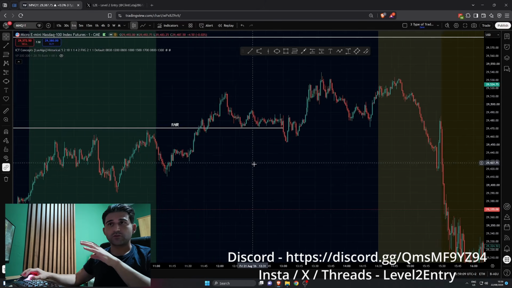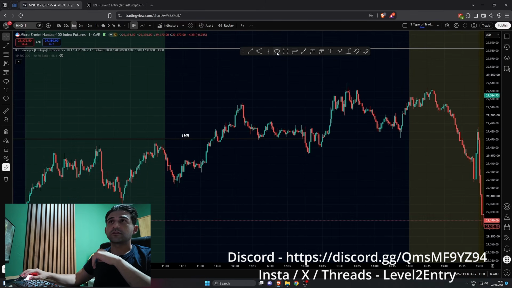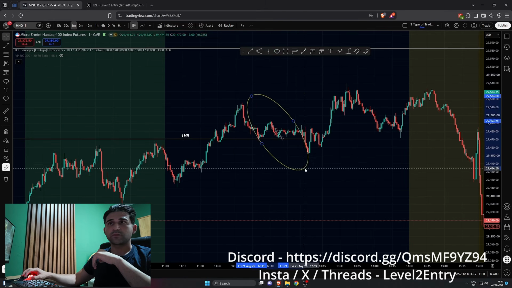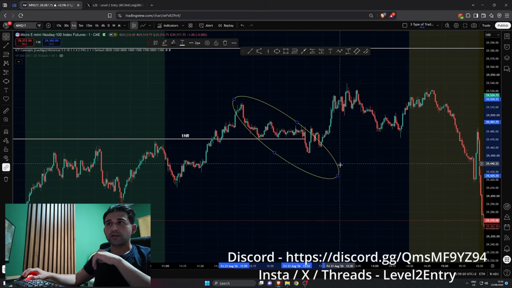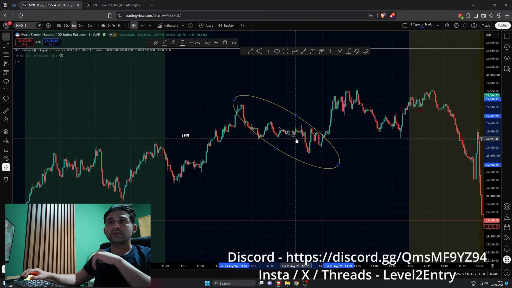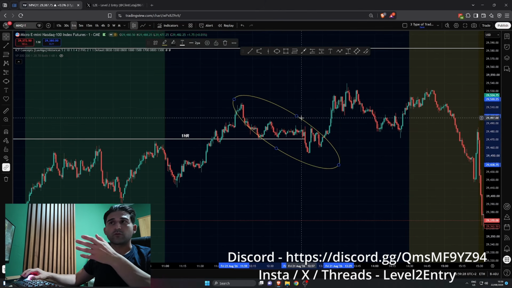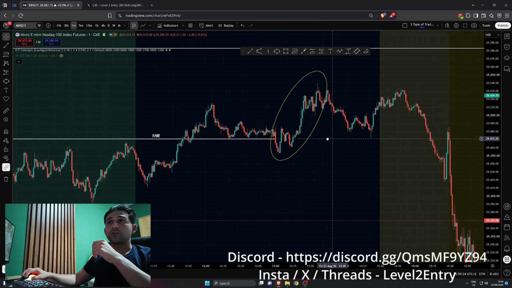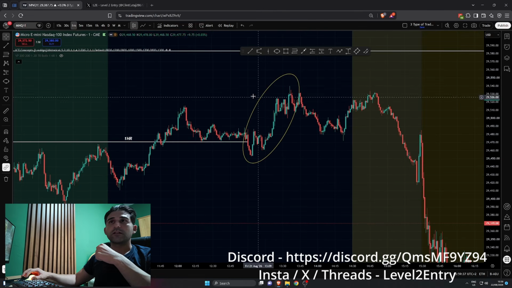So as we can see here, price went above our 1-hour liquidity here, then it reversed, as you can see here, and it didn't give us the entry pattern that I was looking for. So then again price did a bullish move. Let's say it did a new high.